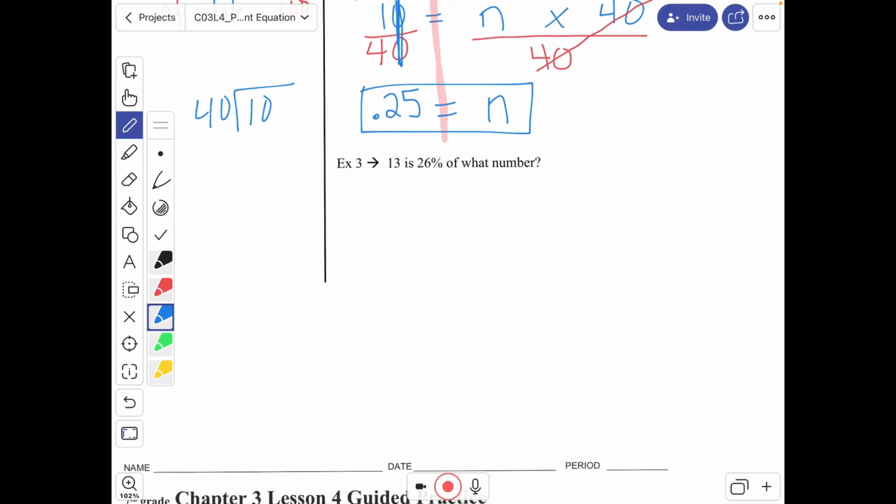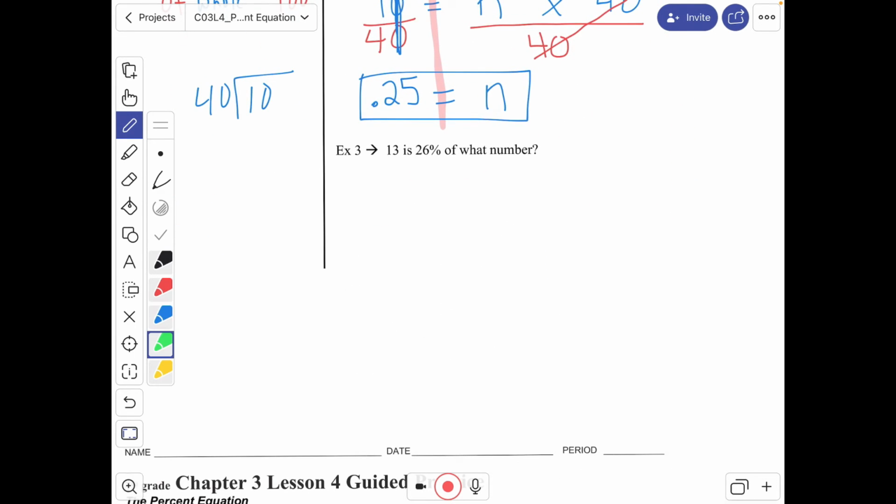Let's do another example. Start out with your equation. Part equals percent times the whole. And it says 13 is 26% of what number?